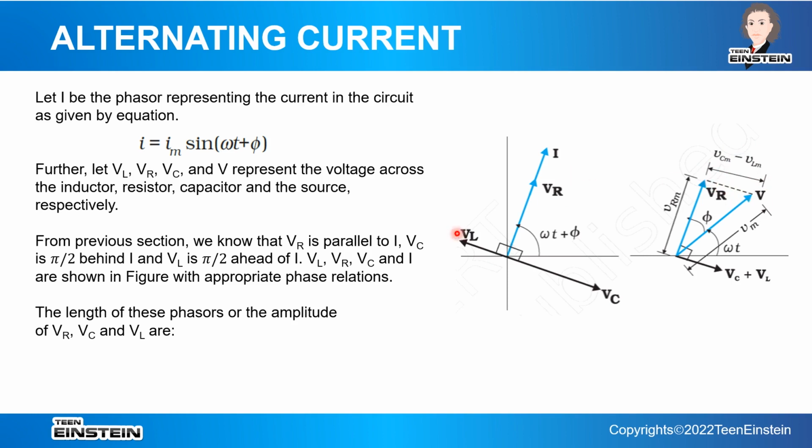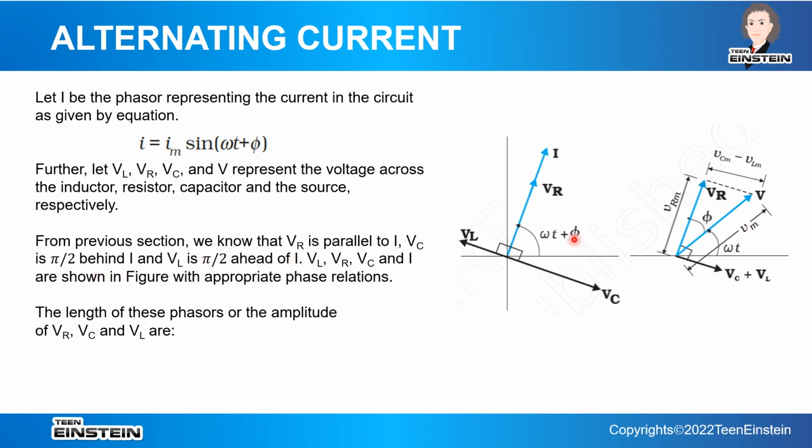And if I want to find the complete resultant, I have to add this element with the element across the resistor, VR. So the overall resultant is going to be this V here, which has a magnitude of Vm. From the previous section, we know that VR is parallel to I, VC is pi by 2 behind I, and VL is pi by 2 ahead of I.